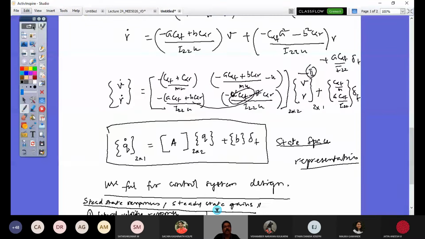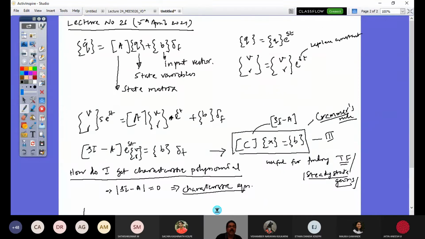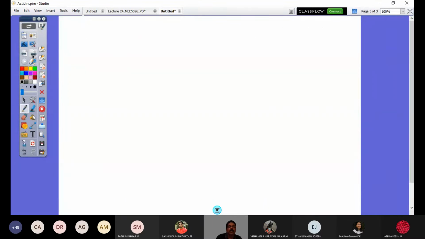Let me work out the determinant of sI minus A equals 0 to get the characteristic equation. So I have my determinant now: s minus the first term in my A matrix, so it is s plus (C alpha F plus C alpha R) by mu.